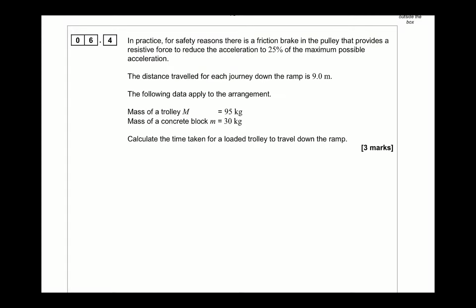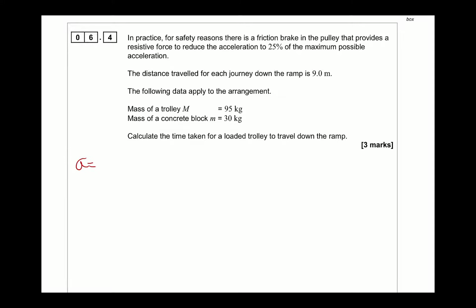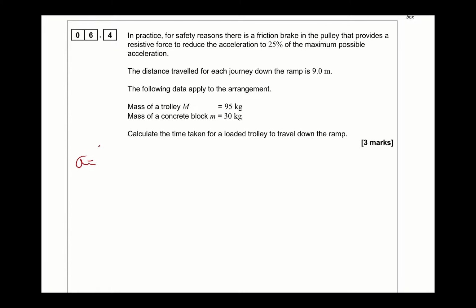Okay, 6.4. Time taken for this. So we have to figure out what a actually is. And we just had that, so a is 30 times 9.81 sine 35 divided by 95 plus 30.